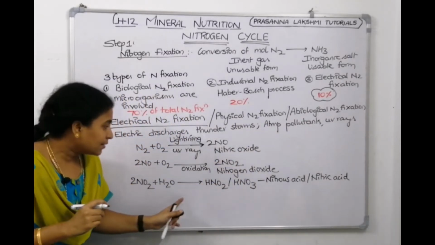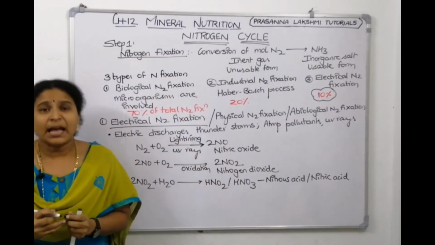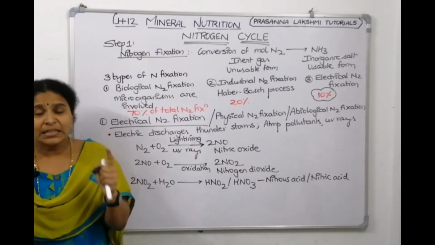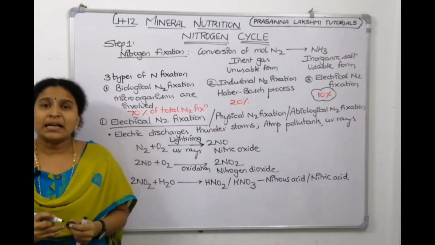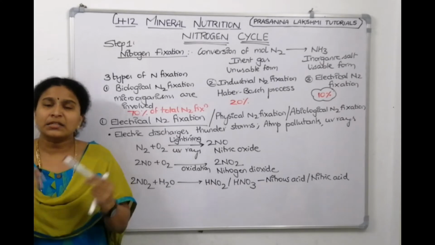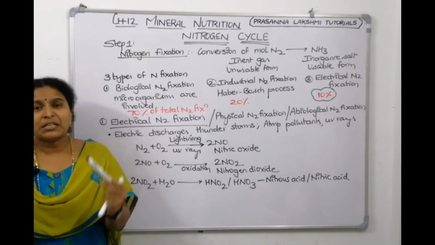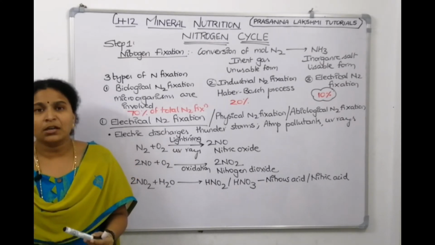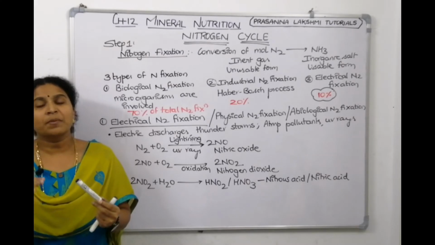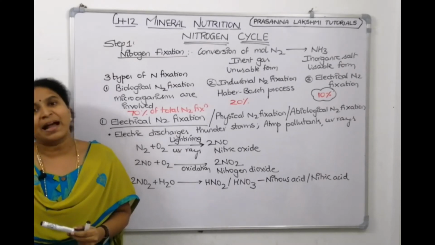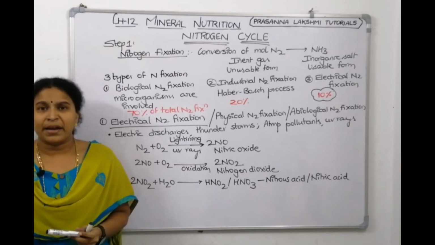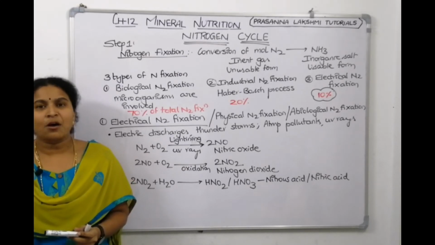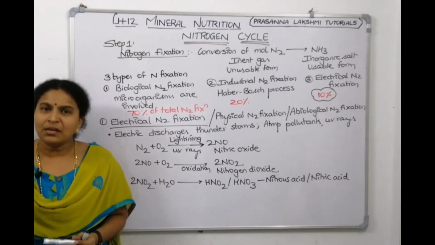Now this nitrous acid and nitric acid, in the form of acid rains, they fall down. When they are mixing with the acid rains and falling down, they become soluble salts of calcium and potassium. They make calcium nitrites, potassium nitrites, and nitrate is the form which will be fixed in the soil.